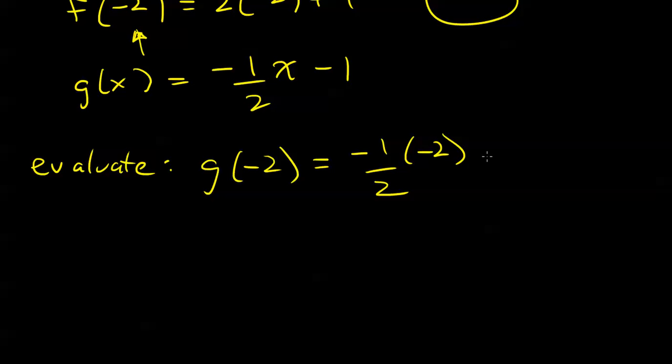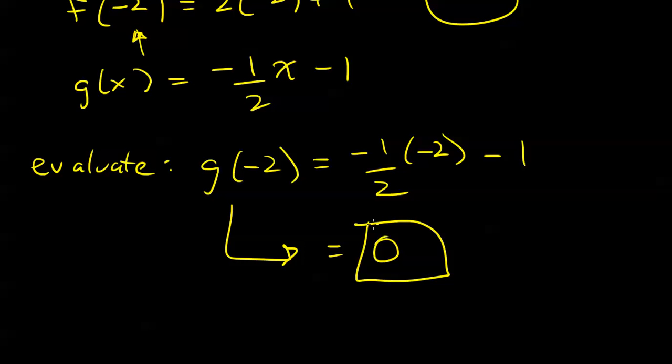And everywhere I see x in that polynomial function, I plug in a minus 2 and grind out a number according to my order of operations. So minus 1/2 times minus 2 is of course positive 1, and positive 1 minus 1 is 0. So g of minus 2 in this example equals 0.